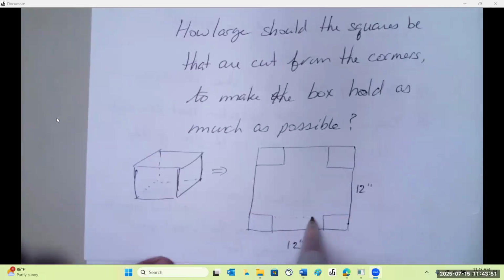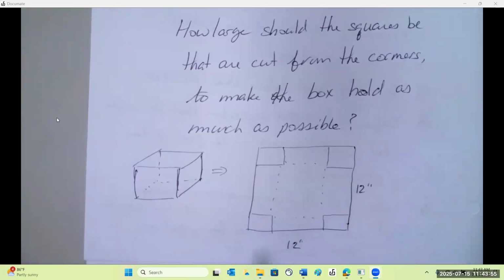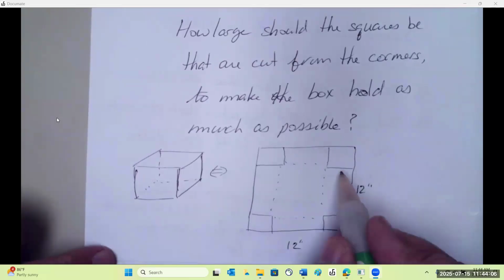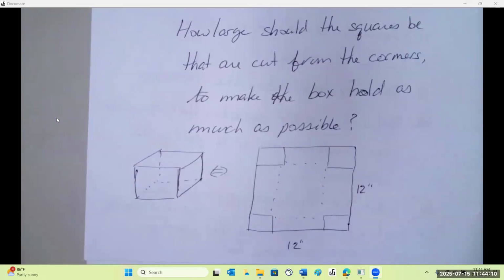And from there, the sides are folded up to create that box. So how large should these squares be to make the box hold as much as possible?